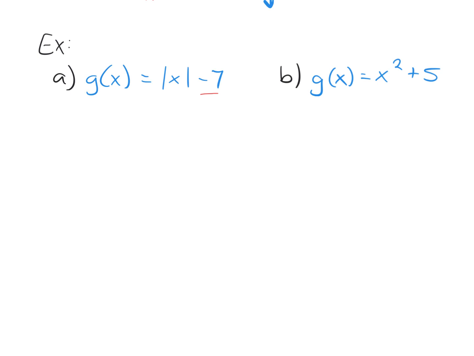We only care about this minus 7. Now we have to decide, is that an x value or a y value? It's a y value, because it's not with the x. It's not inside the absolute value. So we think normal. Minus 7 is telling me down 7.